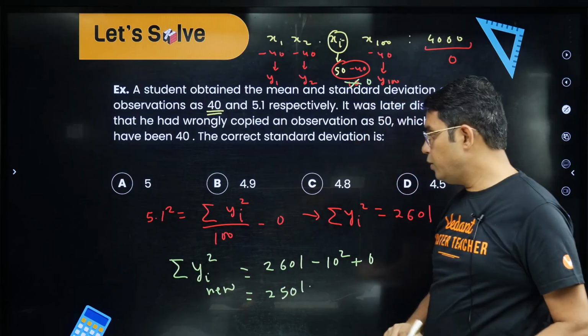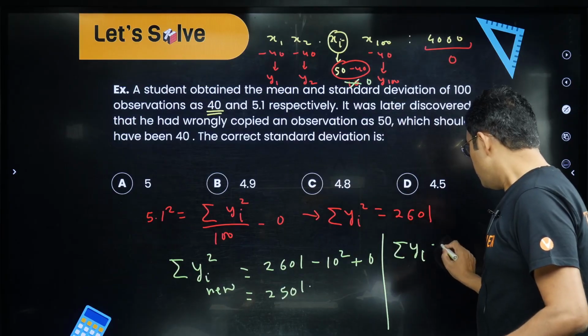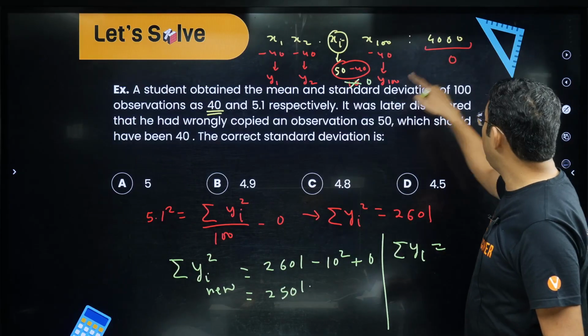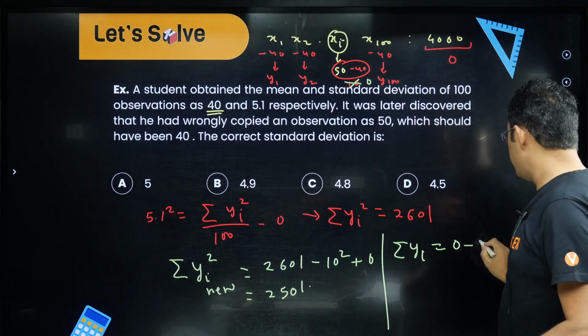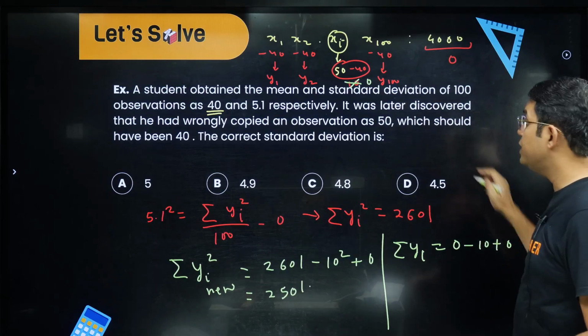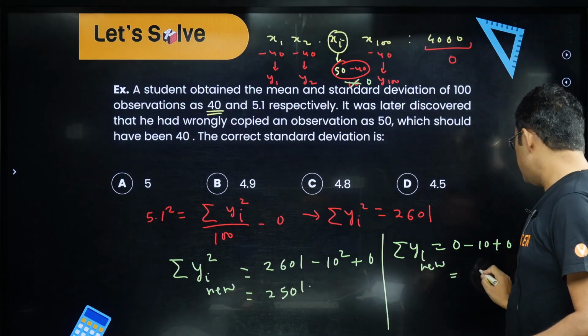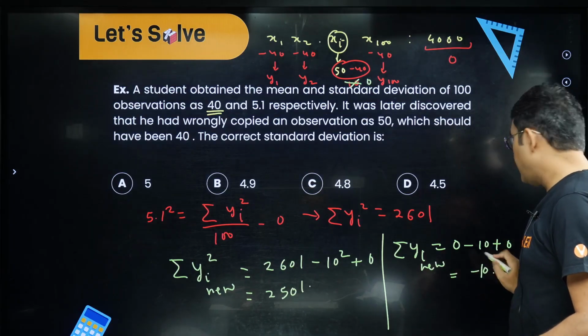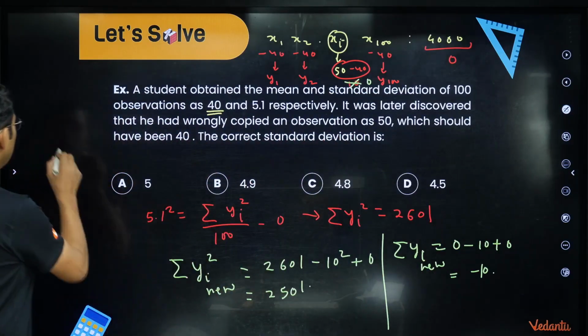2501. Now, what will sigma yi be? I think sigma yi earlier was 0. We removed 10 from it, and we add 0 to it to make it correct, so we are getting this to be minus 10. Now we can find the correct standard deviation or variance.